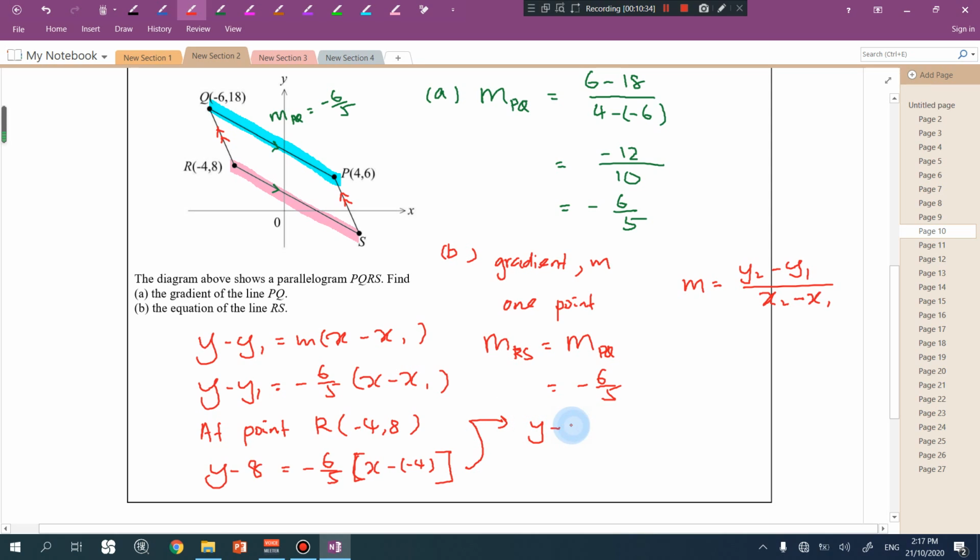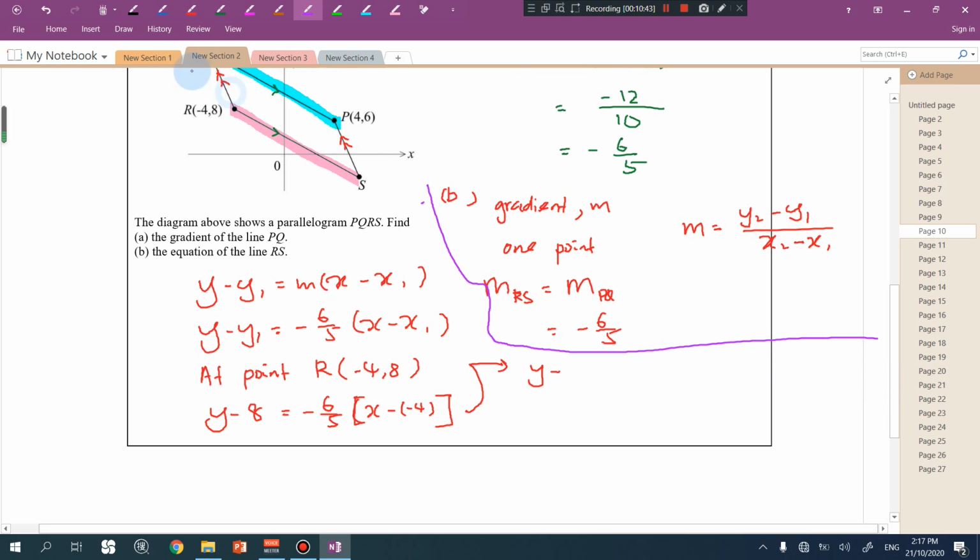Okay, so y minus, let me draw a line so you won't look so confused. Okay, so y minus 8 is equal to negative 6 over 5 times x. Okay, just do some expansion. I think I do it this way so it is easier for you to understand. Negative 6 over 5 first, just copy this whole thing first, and then x plus 4.